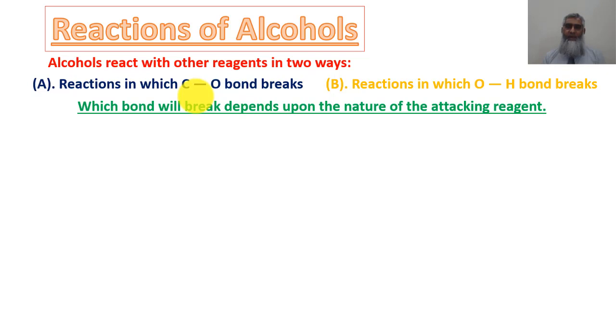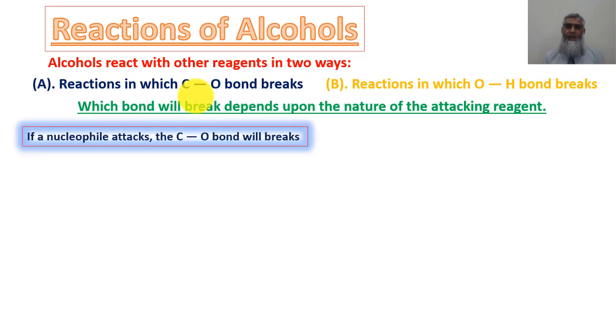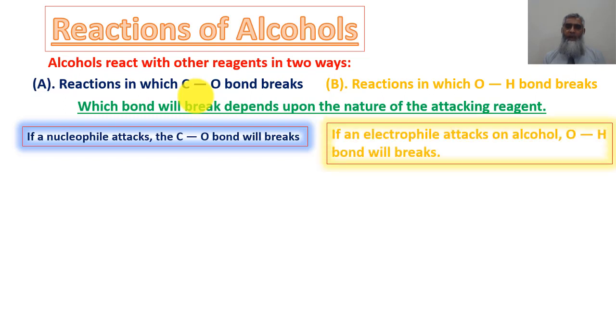The attacking substance may be nucleophile or electrophile. The carbon-oxygen bond or oxygen-hydrogen bond will break by the attack of nucleophile or electrophile. If a nucleophile attacks the alcohol, the carbon-oxygen bond will break, and if an electrophile attacks the alcohol, the oxygen-hydrogen bond of alcohol will break.